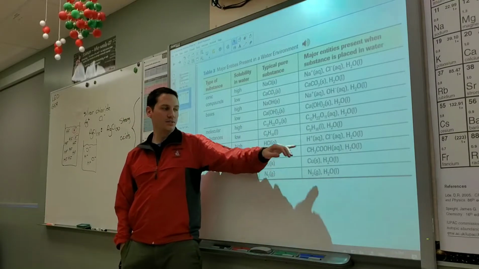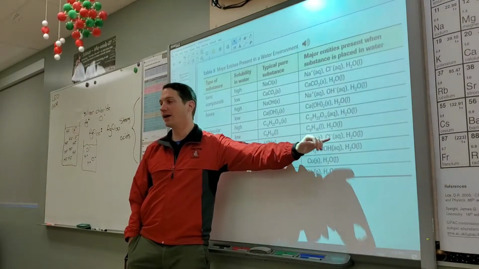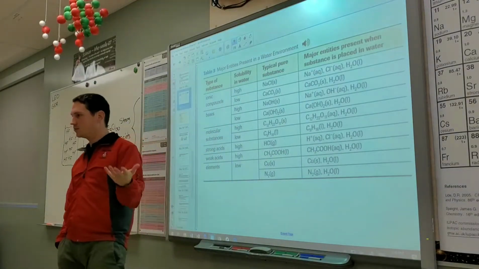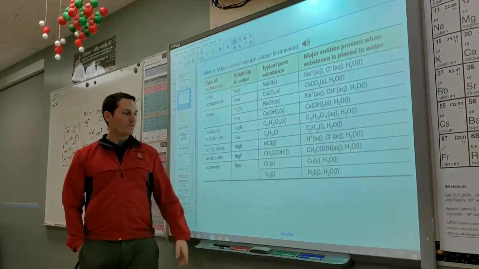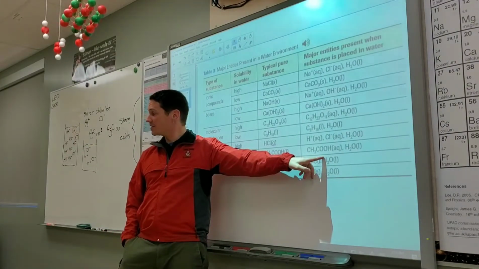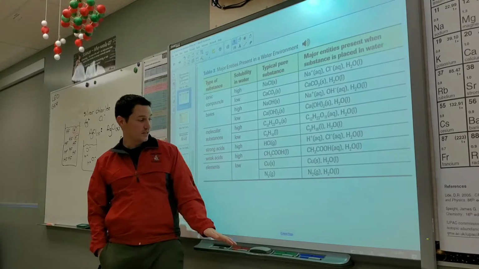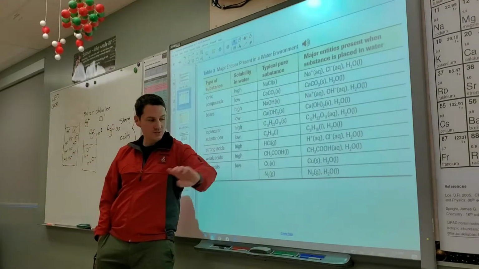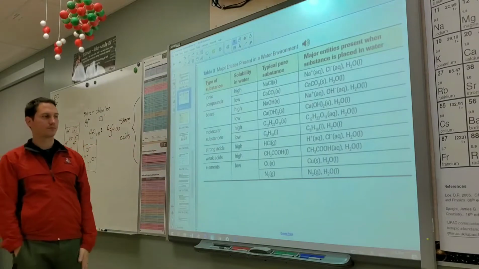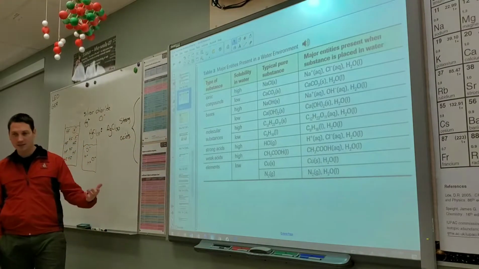No, it's hydrogen ions and chloride ions, right? And then always water, there's always water present when you dissolve things in water. If it's a weak acid, it doesn't ionize. It stays as whatever weak acid it is. And then elements are always low solubility. Whatever state of matter they are, that's their state of matter.